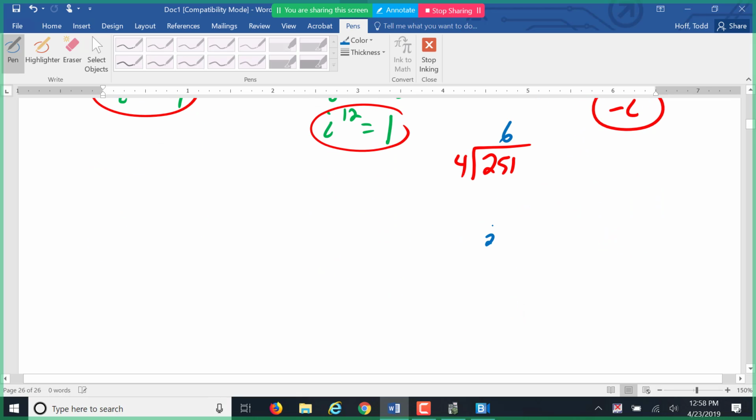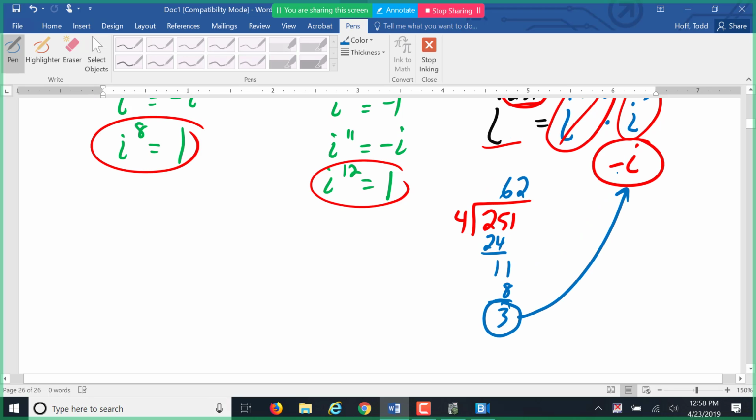We get 62, 6 times 4 is 24, that's 1, carry the 1, 2, that's 8. There's 3 left over. That remainder is what tells us what our result is. i to the 3rd, which is negative i.